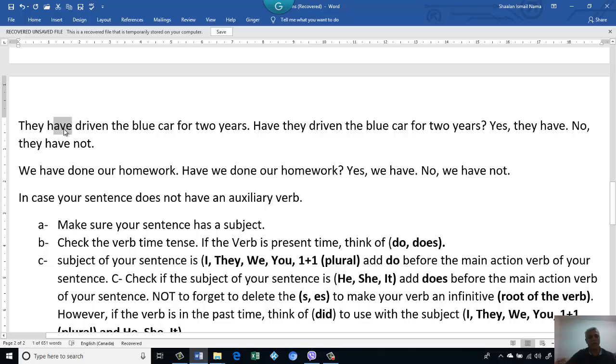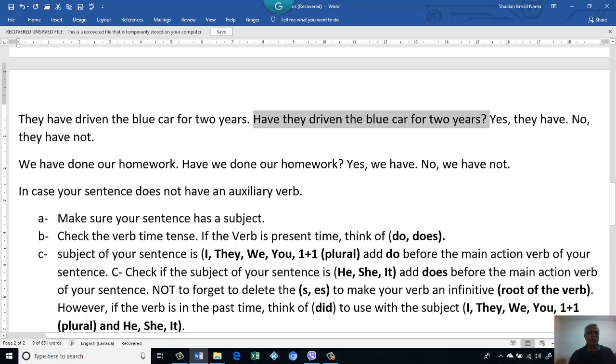Then I have to take have, put it in the front of the subject, then change the period or the full stop to question mark, as it's here. Have they driven the blue car for 2 years? Question mark. Yes, they have, or no, they have not. This is easy when you have auxiliary verb.